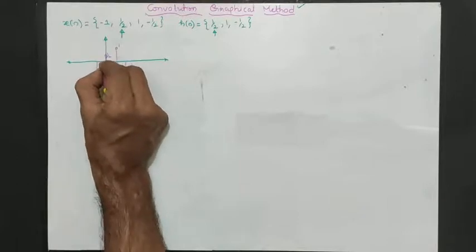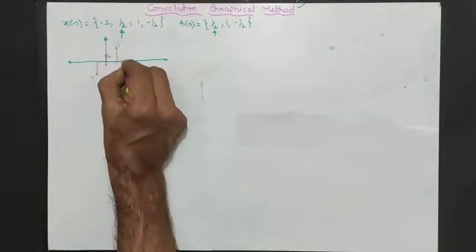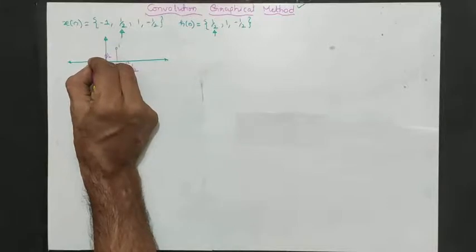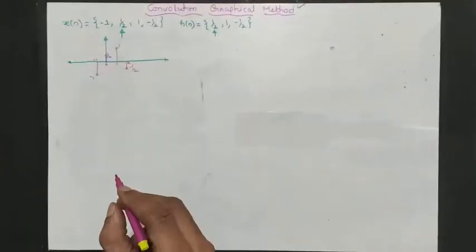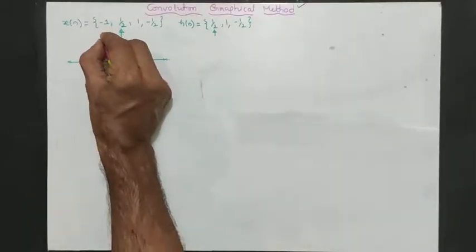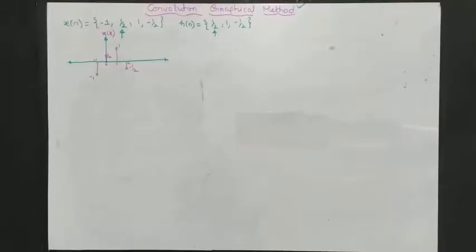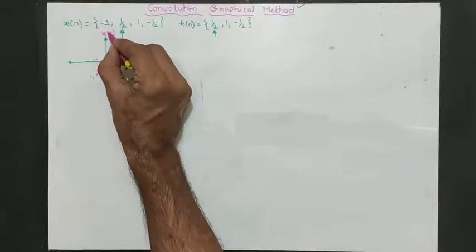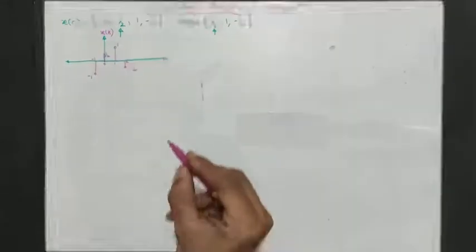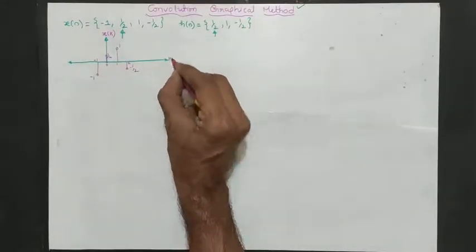This is 0, this is 1, this is 2, this is -1. But I will be naming this as x of k, because in the formula x of k comes. I will be drawing this signal with respect to k here.